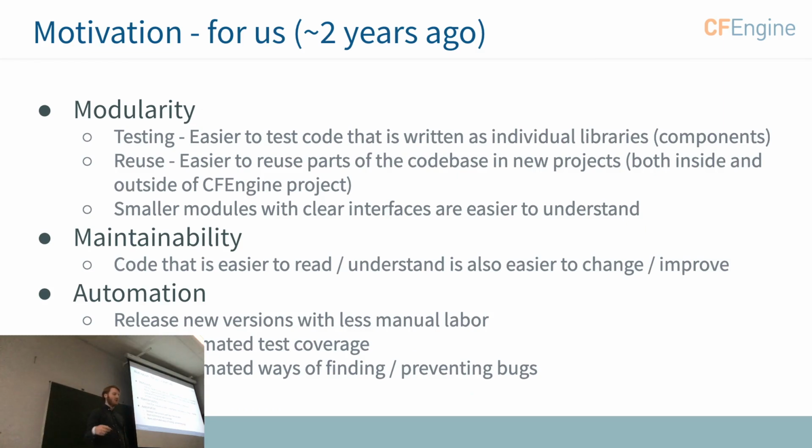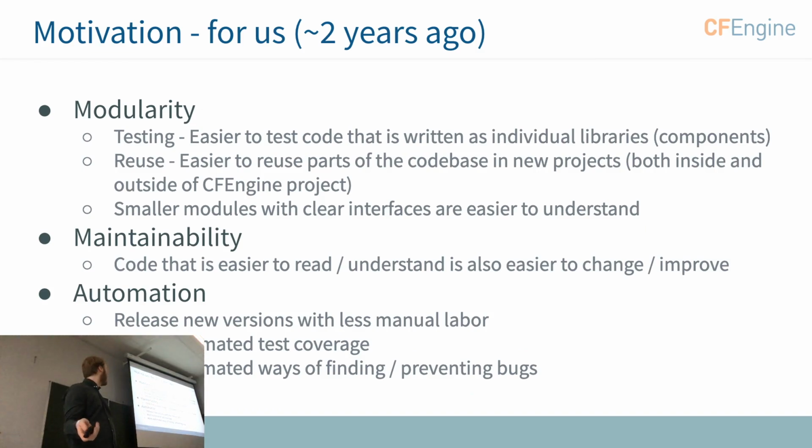We want a code base that's maintainable, so that's more along readability and understanding the code base, being able to make changes. And we want to improve our automation, which is a lot around CI, CD, release, to make those require less manual labor and give us more confidence that we have run the test, we are releasing something of great quality, and so on.